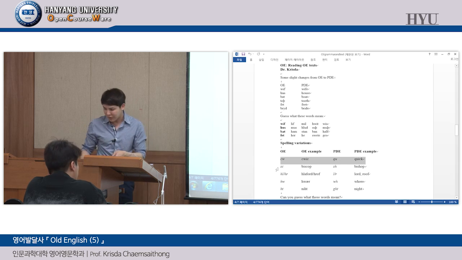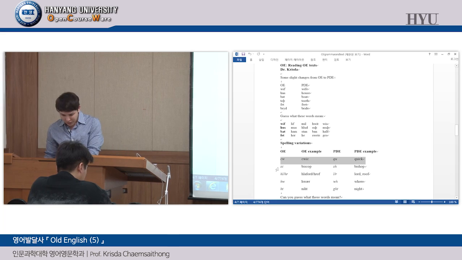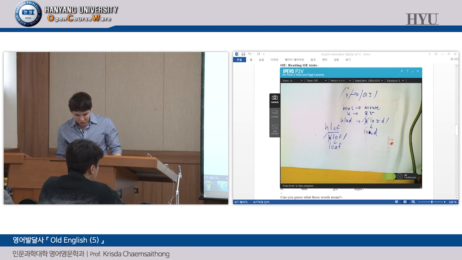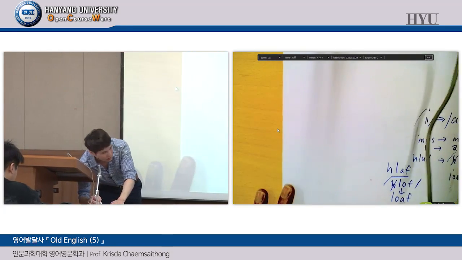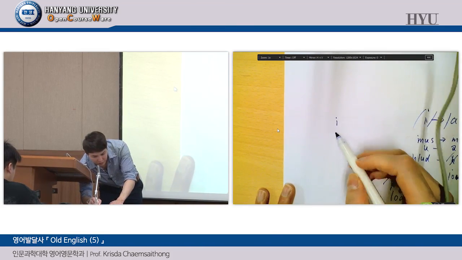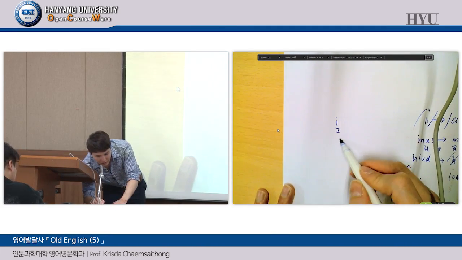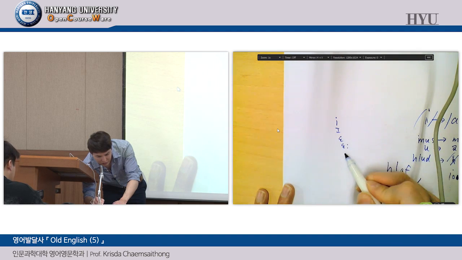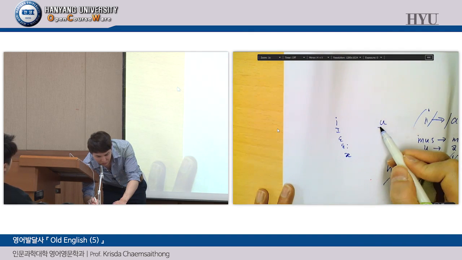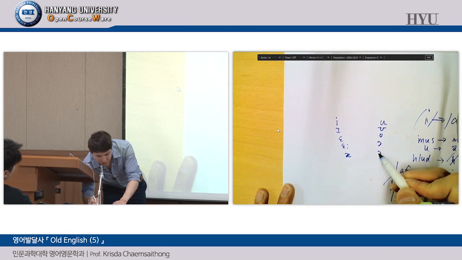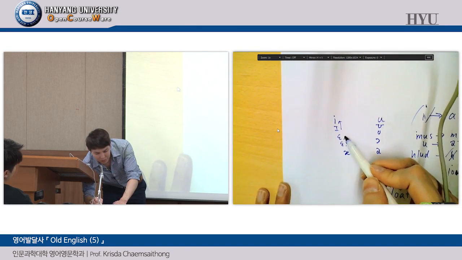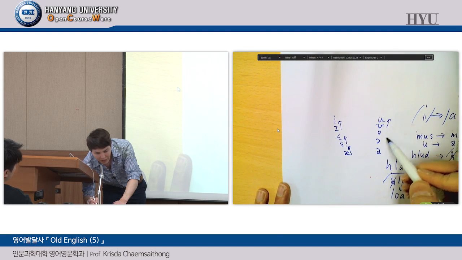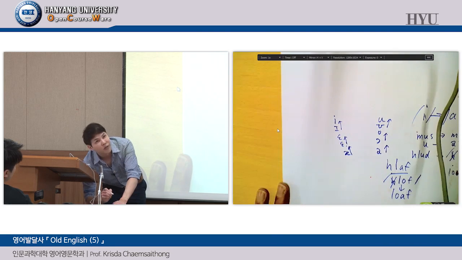That's the great vowel shift. So let me write this out for you here, and I'll go back to that slide. You remember the vowel chart like this. So basically what happened here is you raise one step higher. We call that the great vowel shift.